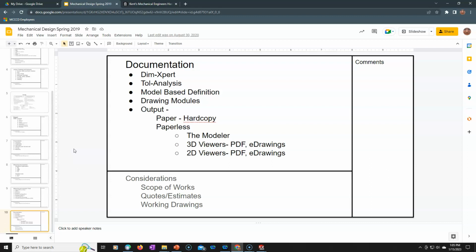The tolerance analysis is a stack-up. We basically can do the same thing. If I need to generate a report, then I would use the tolerance analysis. We have the drawing modules that we can work from to create our document templates, and title blocks have all that information in to generate our paper hard copy as an output.